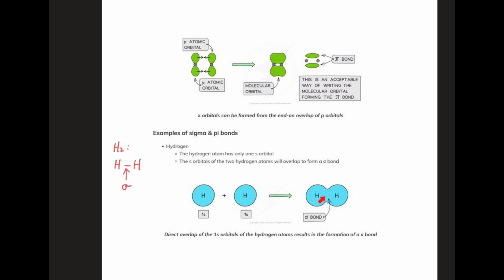The s orbitals of the two hydrogen atoms will overlap to form a sigma bond. Because this is a single bond, that's why it is a sigma bond. So they are taking direct overlap, which means they overlap like this. Direct overlap.